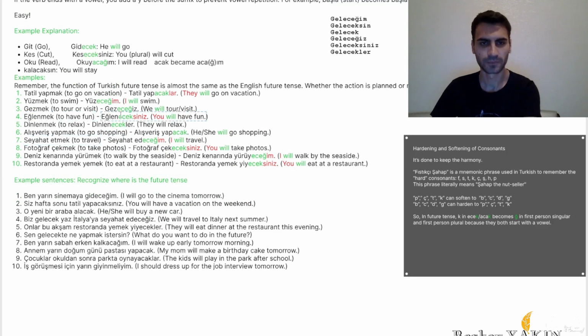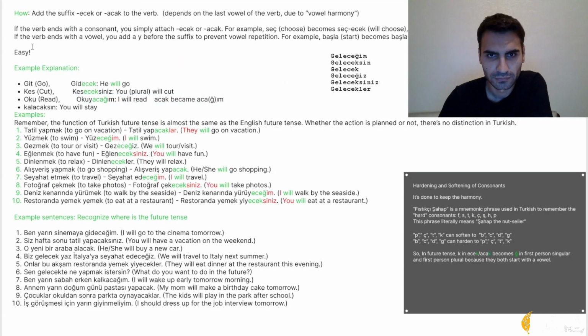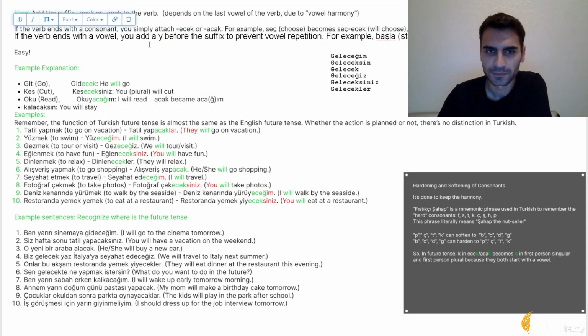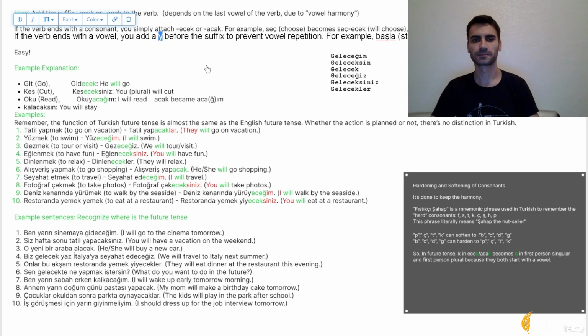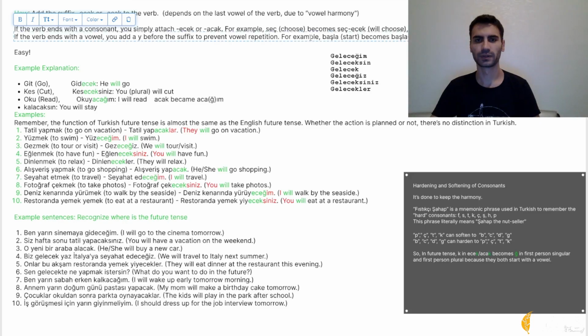Other than that, also, if the verb ends with a vowel, you add a y before the suffix to prevent vowel repetition. For example, başla, start, becomes başlayacak. No, başlaacak would be nonsense.